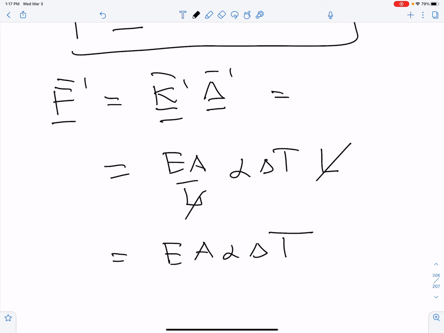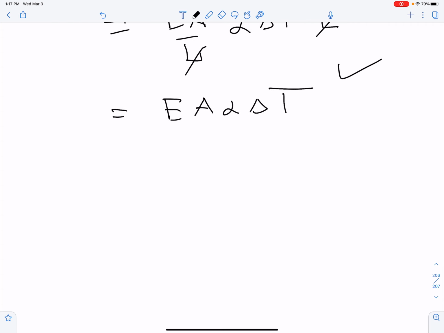And so this is the basic force that is developed in the bar.